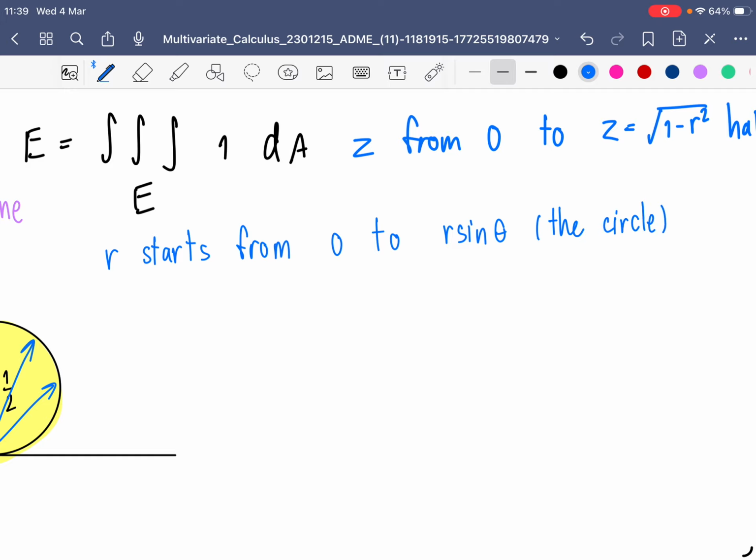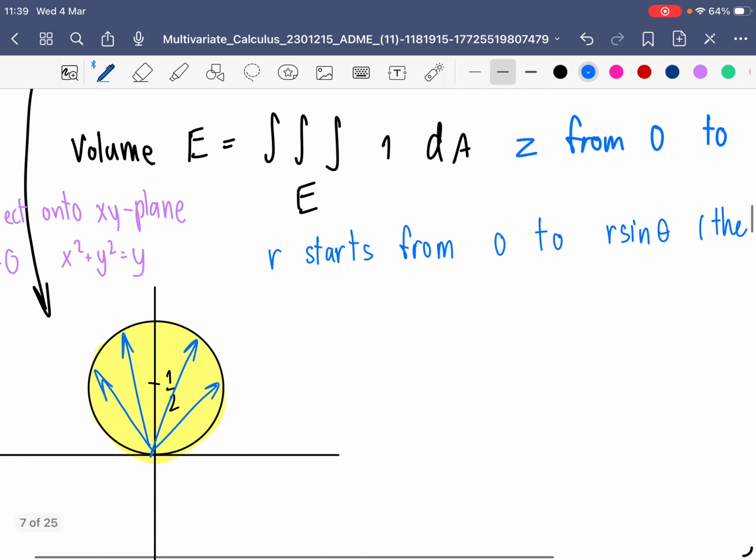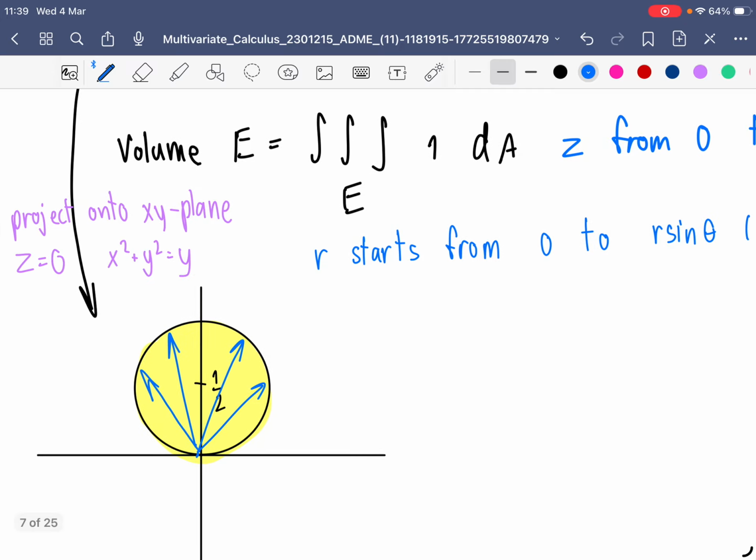And your theta starts from the positive x-axis, which is when the angle is 0. That's when the region of the circle starts to appear until the end, where it touches the negative x-axis. So your theta starts from 0 to pi.